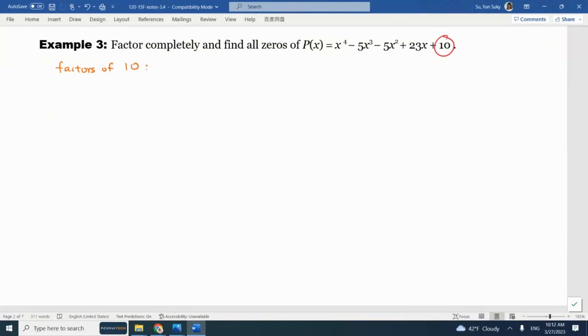What are the factors of 10? Kristen. 1, 2, 5, and 10. Very good. And then we look at the factors of the leading coefficient. Do you see the highest term is x to the 4th? So the coefficient is 1, right? And the factors of 1 are just 1.